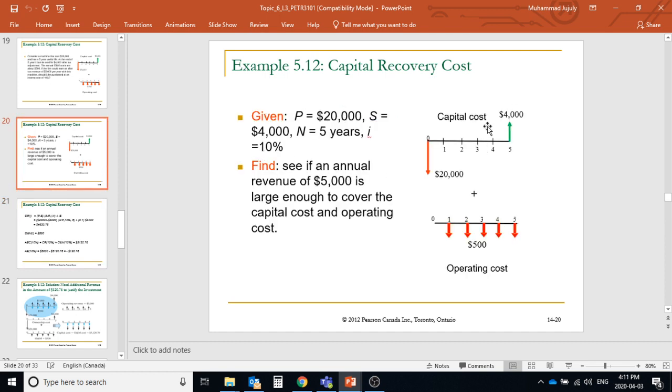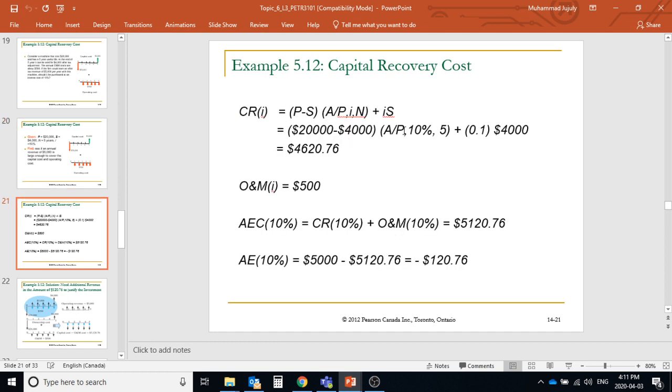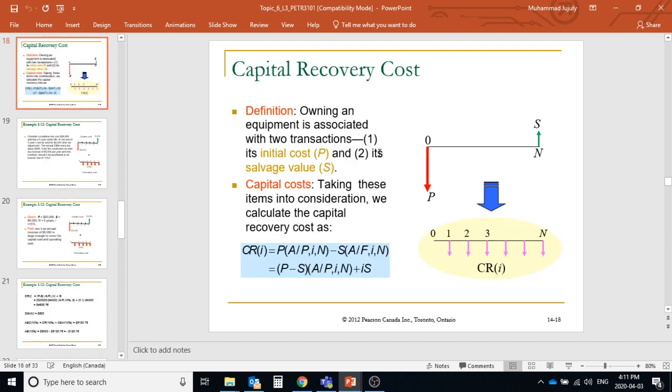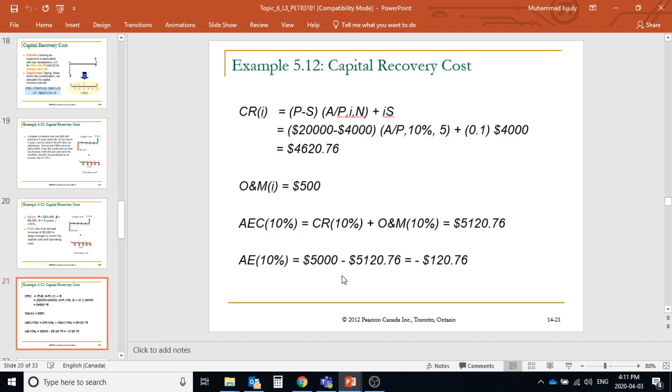$20,000 minus $4,000, and we make this equivalent. This is the formula. Remember which formula we have used. From here we got the CR, capital recovery, and we also know the operation and maintenance cost each year is $500.